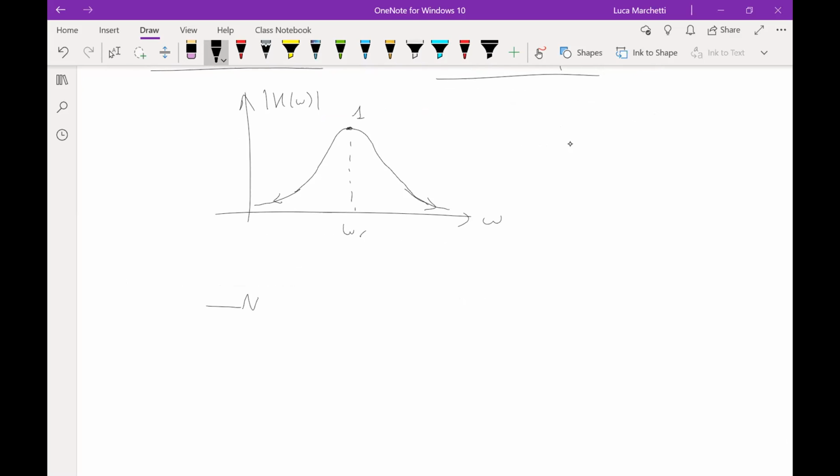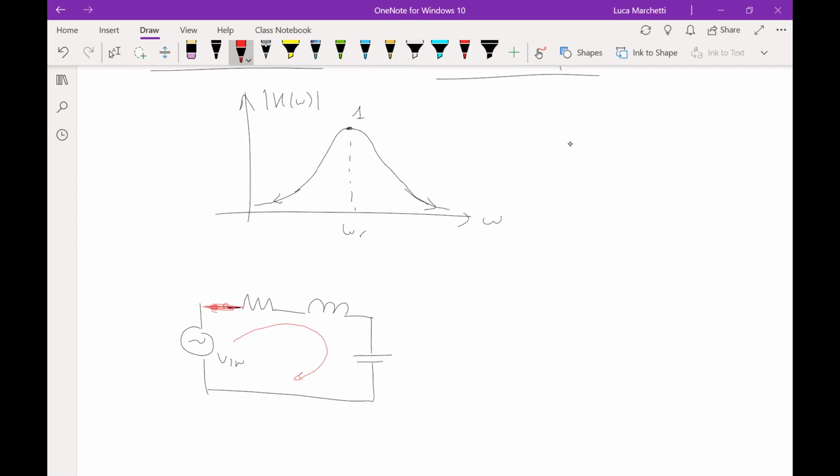Let's consider this circuit, which is the RLC, and let's consider an input voltage V, and here a switch. Okay, this is a switch. If the switch is closed, then the current starts to pass through.